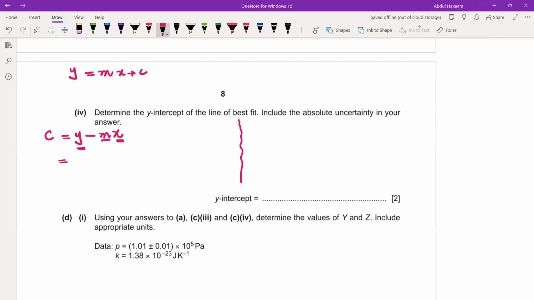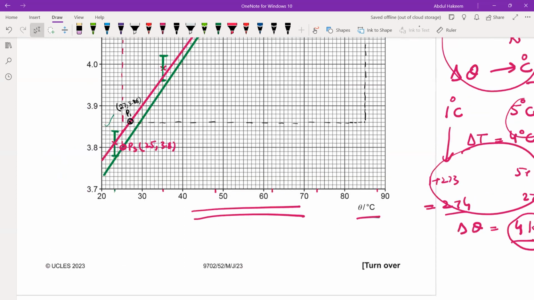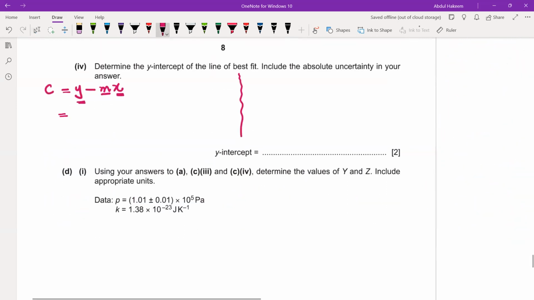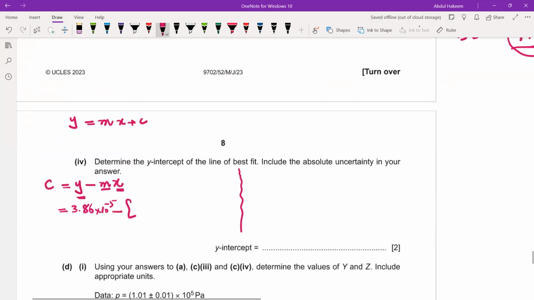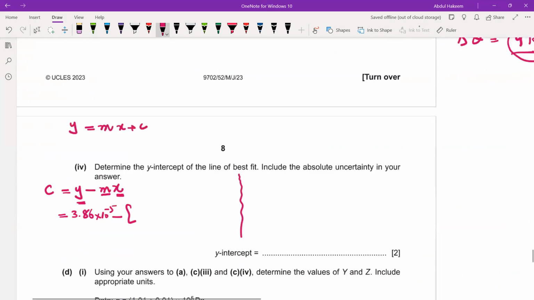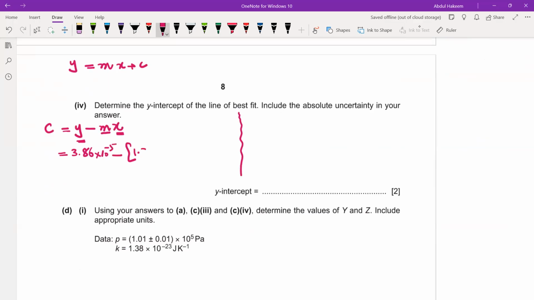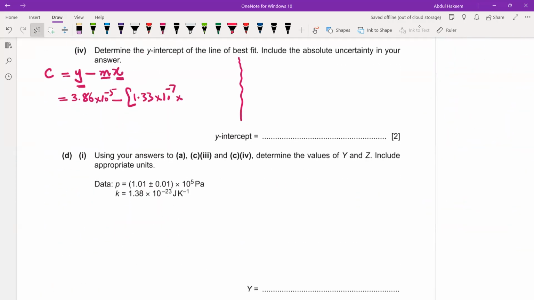So this x and y are actually the coordinates of a best fit point, and m is the gradient of the best fit. For example, we take point P1, which is 27 and 3.86. So y is 3.86 into 10 power minus 5, minus the gradient of the best fit, 1.33 into 10 power minus 7, multiplied by the x coordinate of P1, which is 27.